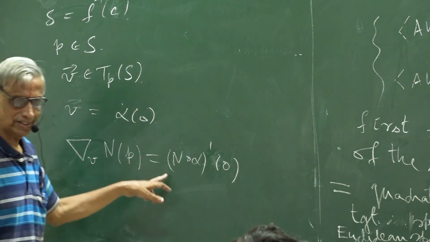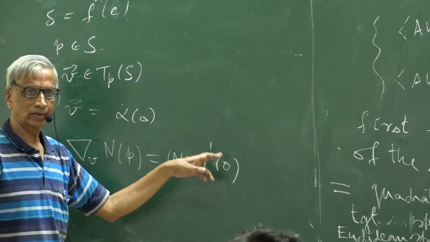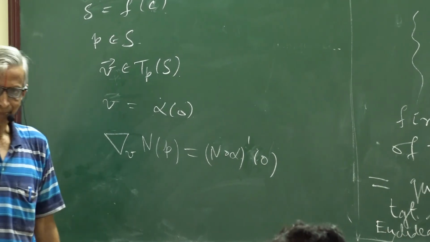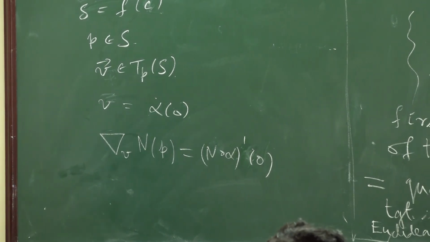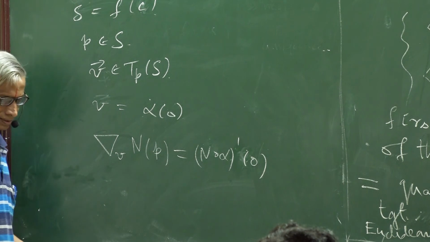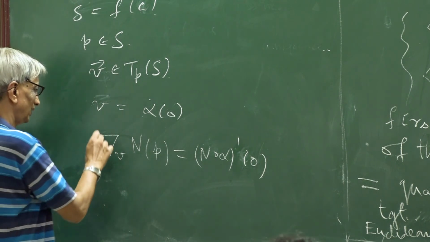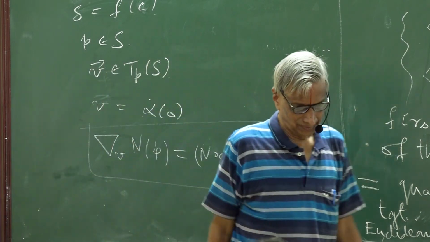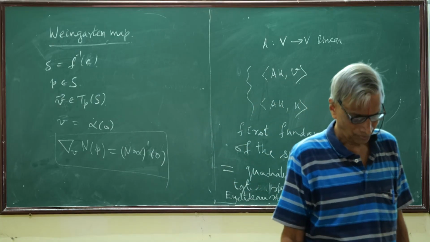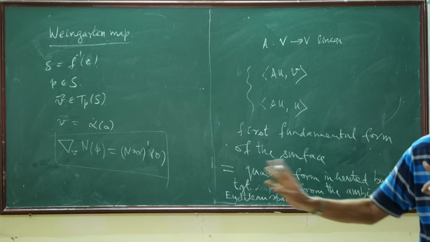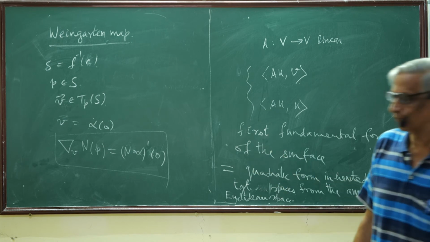Look at N of alpha t. Look at the derivative at 0, right? d by dt, N composed with alpha. So this is what is called the covariant derivative, but we are not going to use any such terms here. So, okay.